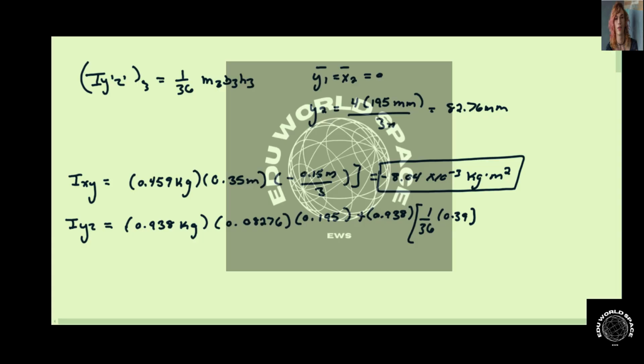We're looking at this one right here, times 0.15 plus 0.15, and it's negative, divided by 3 times 0.39 divided by 3, and we get 12.9 times 10 to the negative 3 kilograms times meters squared.